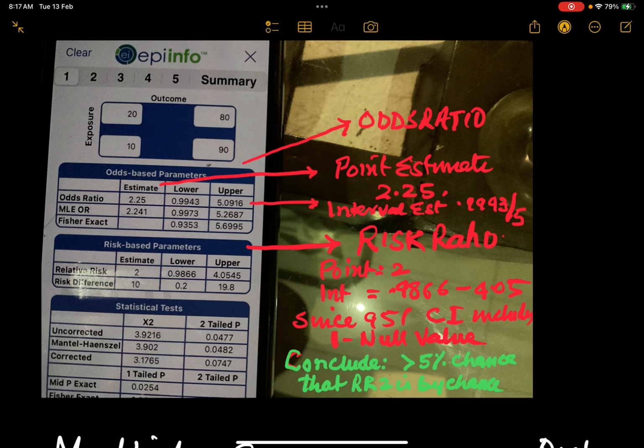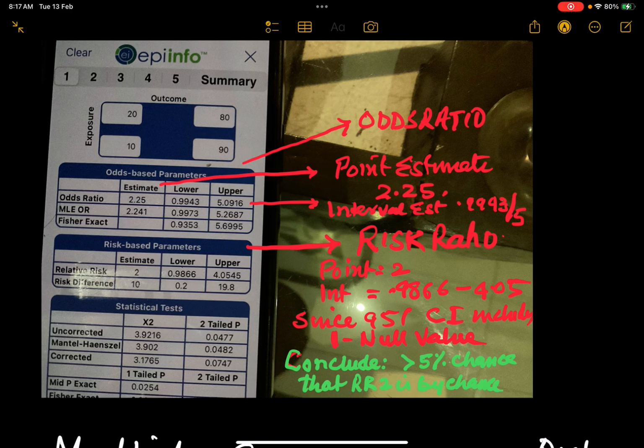So you see the estimate ranges from 0.98 to 4.05. So if there was no association, if the risks in the exposed and the unexposed were equal, then the no association value was 1.